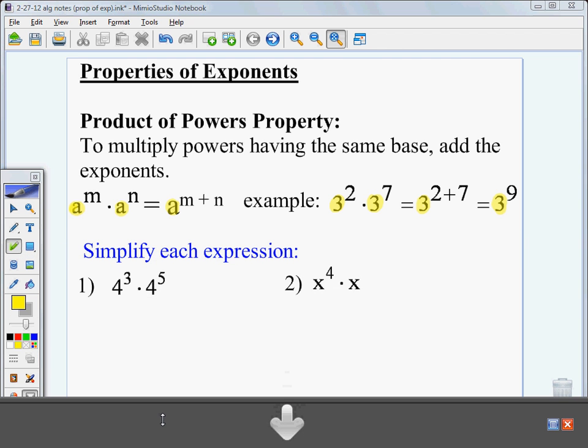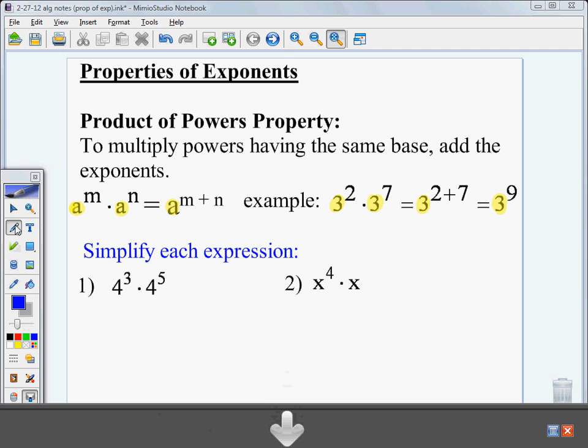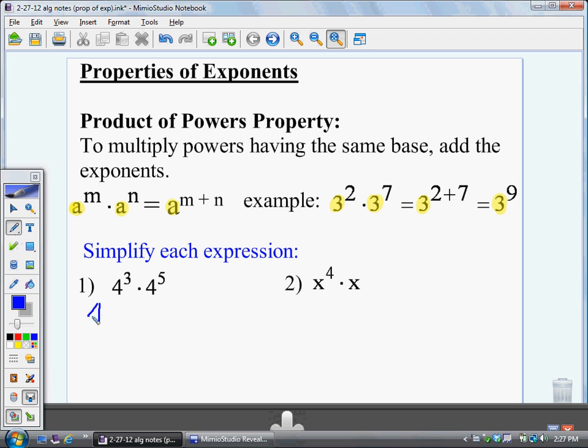Okay, so here we're going to simplify two more examples, and I'll try and show you a little bit about why you add. 4 to the 3rd, remember, is just 4 times 4 times 4. 4 to the 5th would be 5 fours, and we're multiplying.